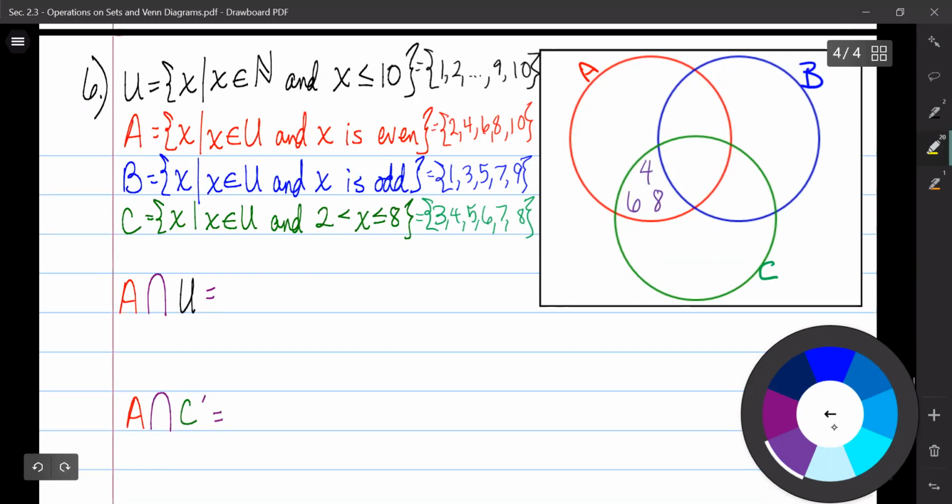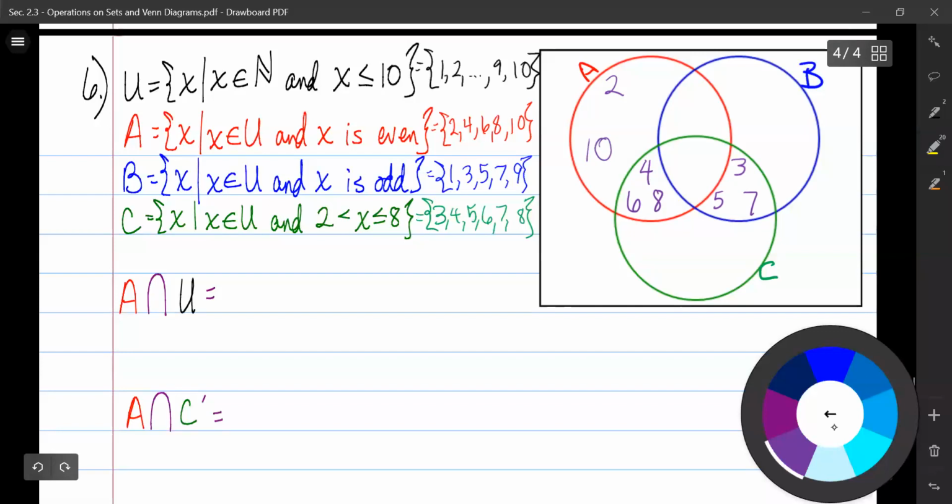All right, and then the intersection of B and C, so what we want to put in here would be 3, 5, 7. Okay, and then let's see. What else do we need to put in A that we haven't already listed? 2 and 10.